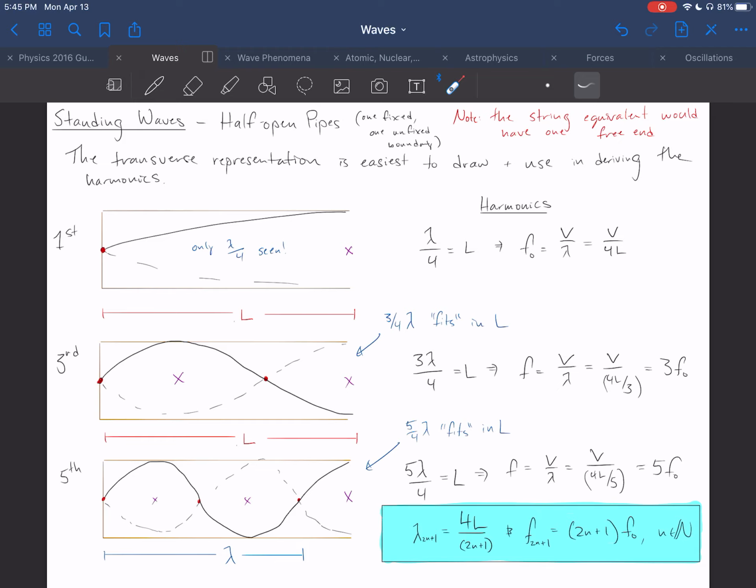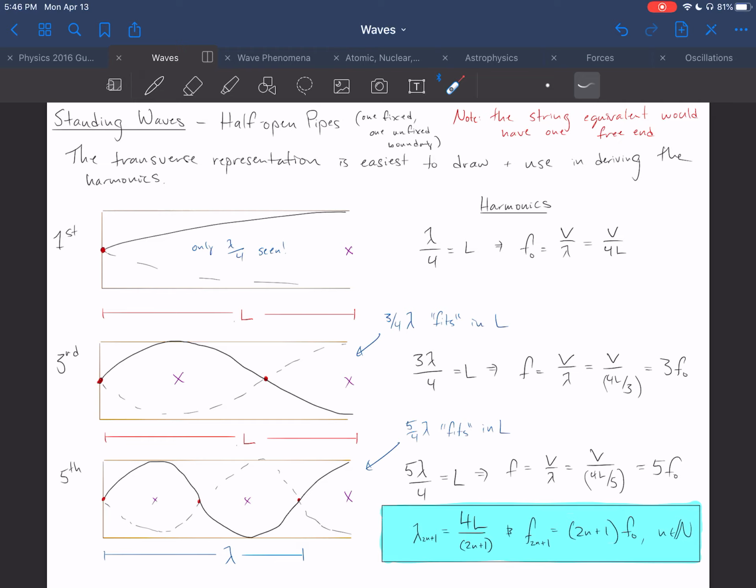Notice this is in contrast to our strings, where the first harmonic that we derived was 2 times that fundamental frequency. This is no accident. We call this structure and this frequency the third harmonic because it is 3 times the fundamental frequency. And for a half-open pipe, there is no second harmonic.